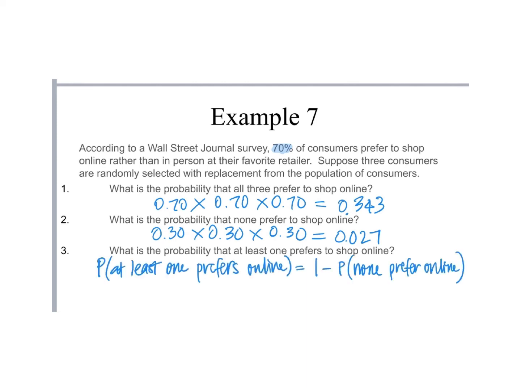Okay, so with that being said, remember complements, you're just subtracting from 1. So now we're going to go 1 minus the probability of none preferring to shop online, which we previously found. So we'll subtract 1 minus 0.027. This gives us a probability of 0.973. So the probability that at least one prefers to shop online would be 0.973.